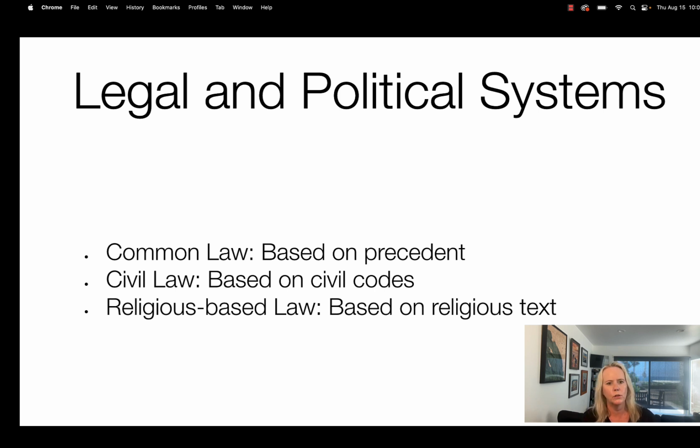Most of the Western world outside of the United Kingdom has a civil law-based society where you have these civil codes that govern a lot of the legal environment. And then in some societies, they have religious-based law, which is based on religious texts. So lots of parts of the Middle East are based on Sharia law, which is law that is based on religious text. Also, Indonesia is probably the largest country that is based on religious-based law.